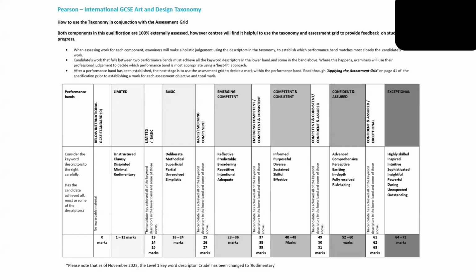For example, the examiner could select mark band 4, competent and consistent, as the work is informed, purposeful, sustained, and skillful. Examiners would then refer to the assessment grid to fine-tune their mark decisions.